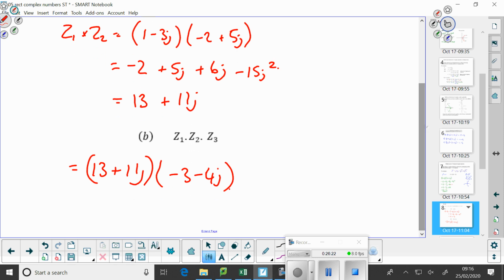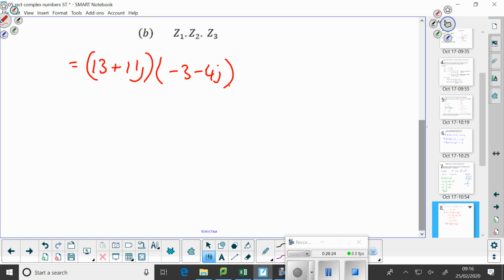Must be careful with these negative numbers, the different signs. So that's 13 times minus 3, minus 39. 13 times minus 4j is minus 52j.